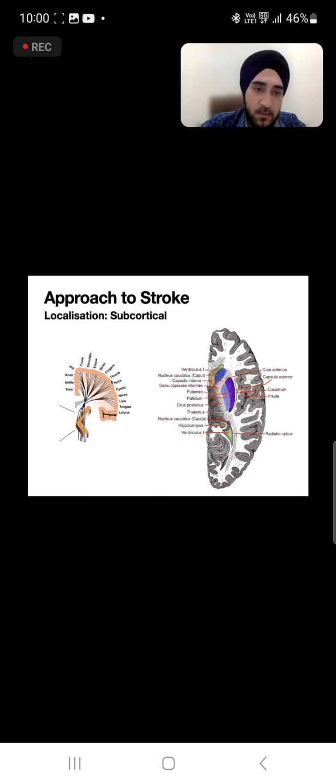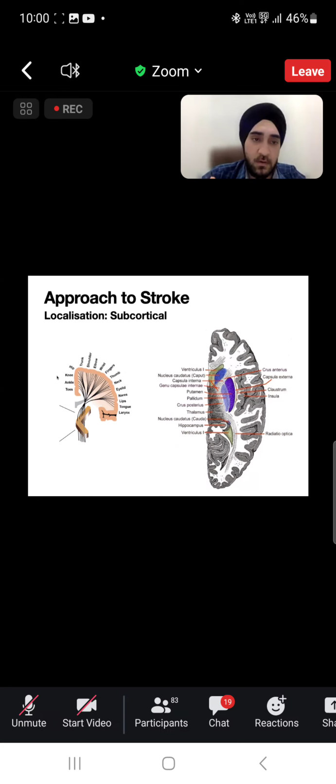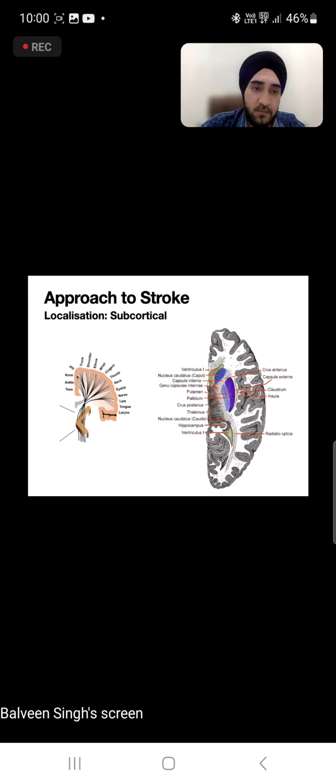Now, initially, when we talked about the cortical stroke, we said that if there is a stroke like this, it will just involve the shoulder, elbow, and wrist. If there is a stroke here, it will just involve the knee, ankle, and foot. Imagine a very small, tiny stroke at this area. What will happen? It will have dense hemiplegia.